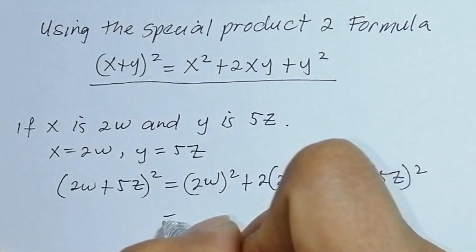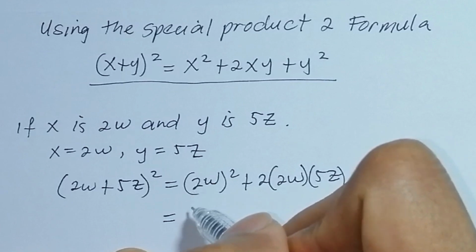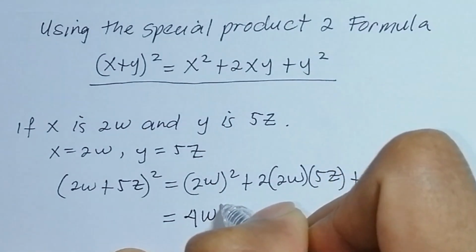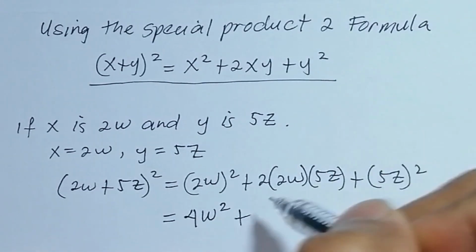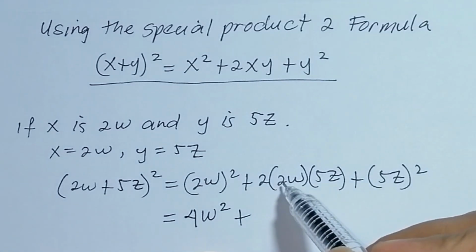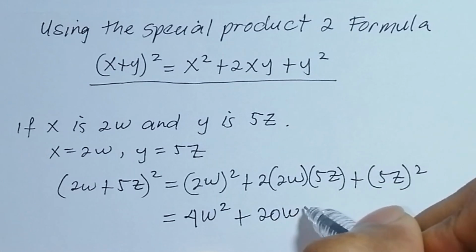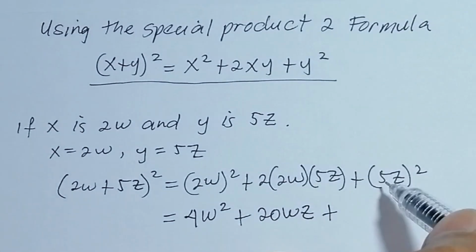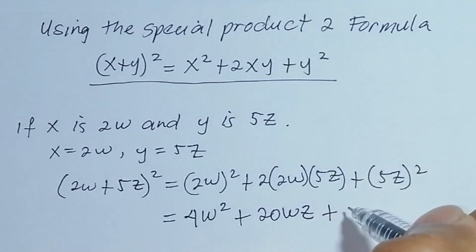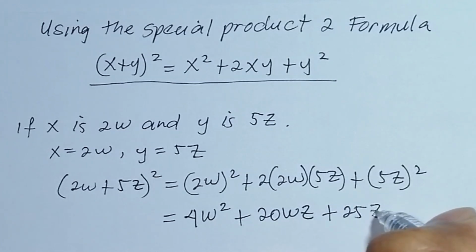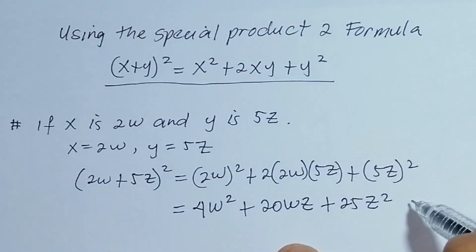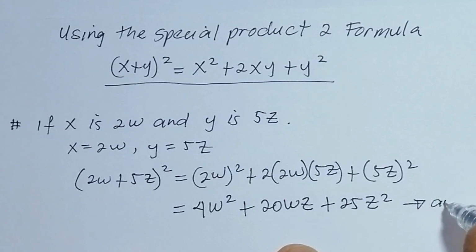Now by simplifying, this will be 2 times 2 is 4w squared, plus 2 times 2, 4, times 5 is 20wz, plus square of 5 is 25z squared. So this is our final answer.